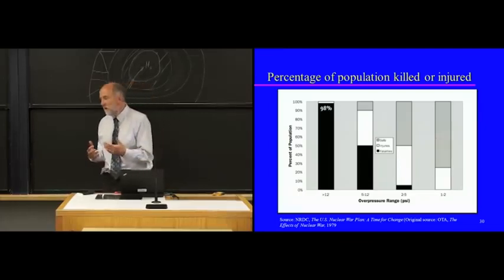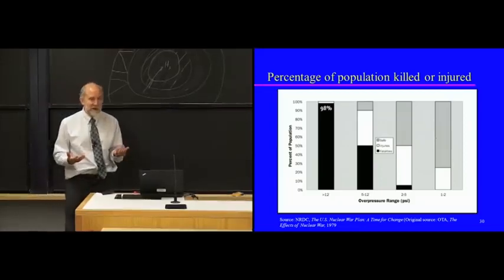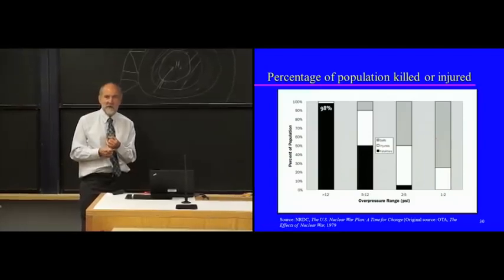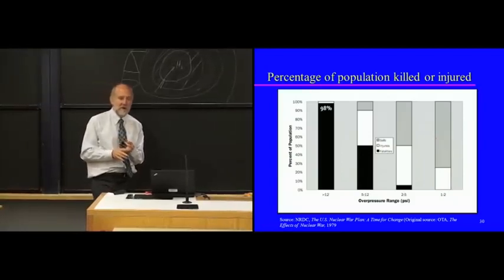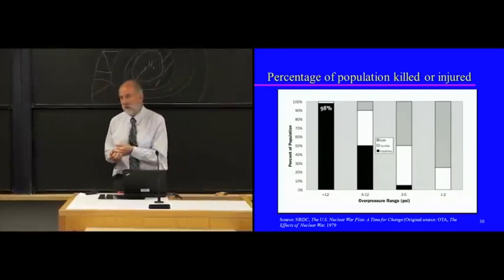So what kinds of injuries are we talking about? First of all, from the blast, what usually happens is people being crushed, buildings falling down, etc. From the heat, we're talking about people being burned.